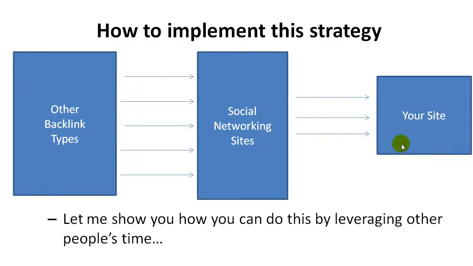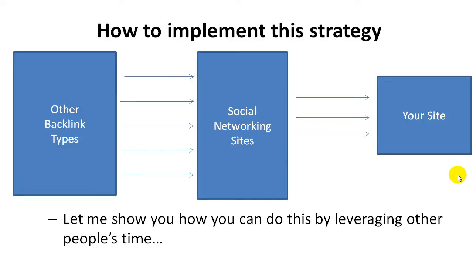And from that point, you have other backlink types and other marketing backlink types that are linking to the specific social network sites. That way, when Google sees that, they think, oh, a lot of these social bookmarking and networking sites are getting a lot of links and they're ultimately linking to your site.